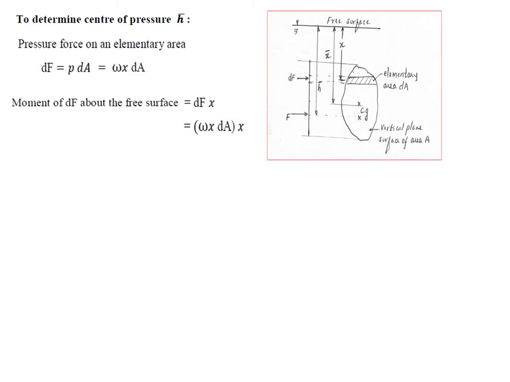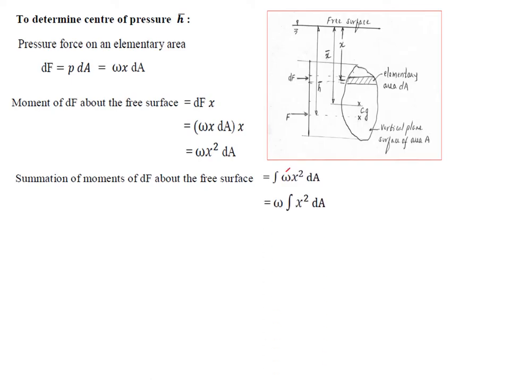Now you consider the area to be made up of a number of such elementary areas. So you can take the summation of all these moments. If you consider a number of areas like this, you go on finding the moments of each of the dF's about the free surface, and you will get the summation something like this. Since omega is a constant, you can take it out of the integration sign.